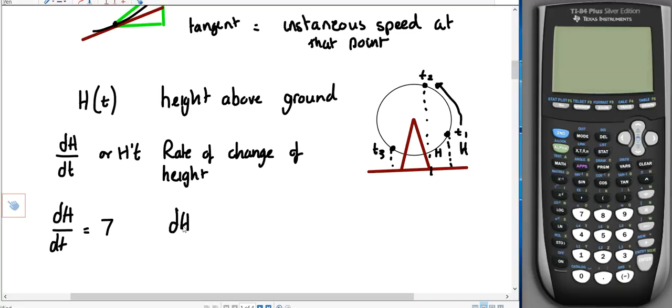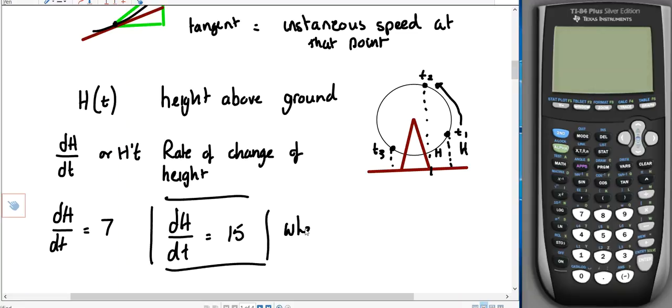Or if I said dH dt is 15, this one would tell me that the wheel is now turning faster because the rate of change of height is faster than it was before. I'm now going up 15 meters every second, whereas before I was only going up 7 meters every second. Does that make sense? Yeah. So the higher. Did you all get that, by the way?